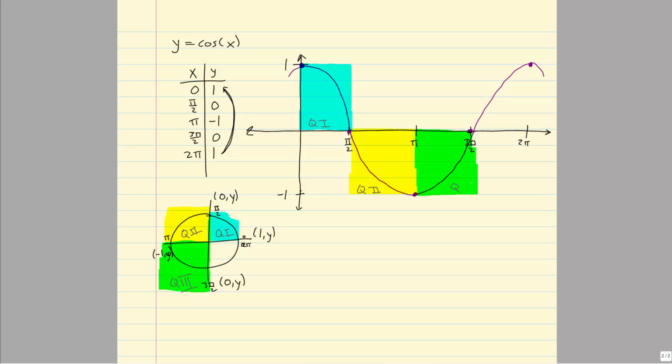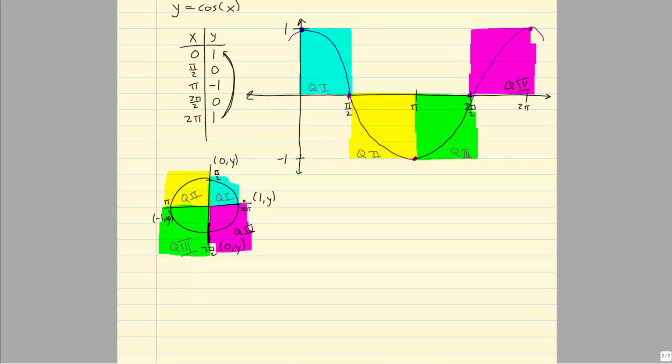And if you notice, when I talk about quadrant 3, make sure I use Roman numerals there, my cosine values are all negative, so I'm all negative in this region. Next I have quadrant 4. Quadrant 4 is here. So this is Q4. And that's in this region. Now if you think about Q4, cosine is positive, and so all my cosine values up here are positive as well, and that's Q4. So make sure you understand the relationship between the unit circle and the curve sketch of just the cosine function that we have going on here.